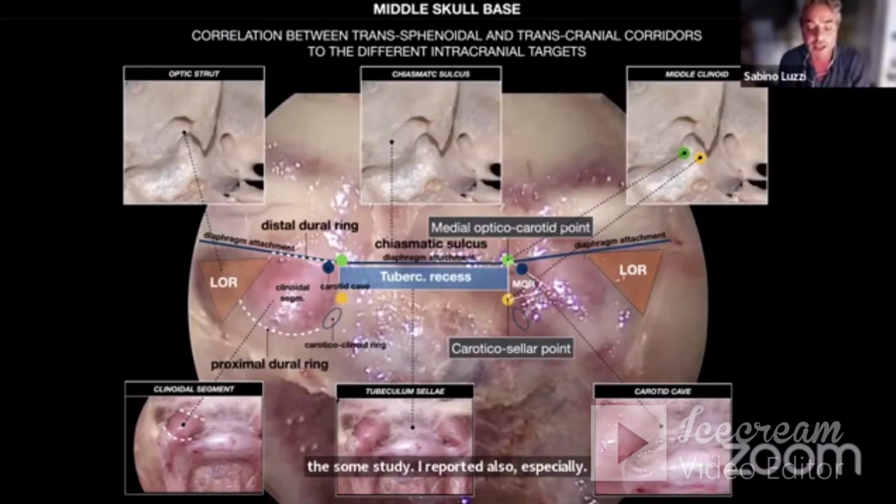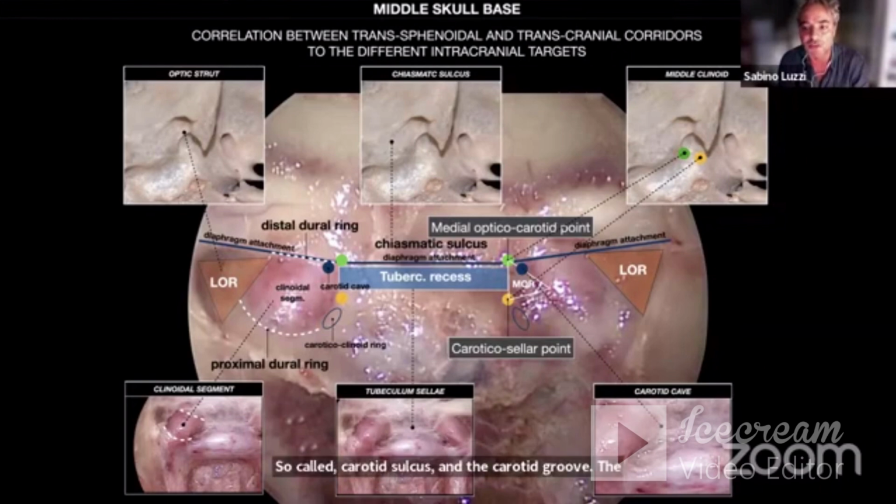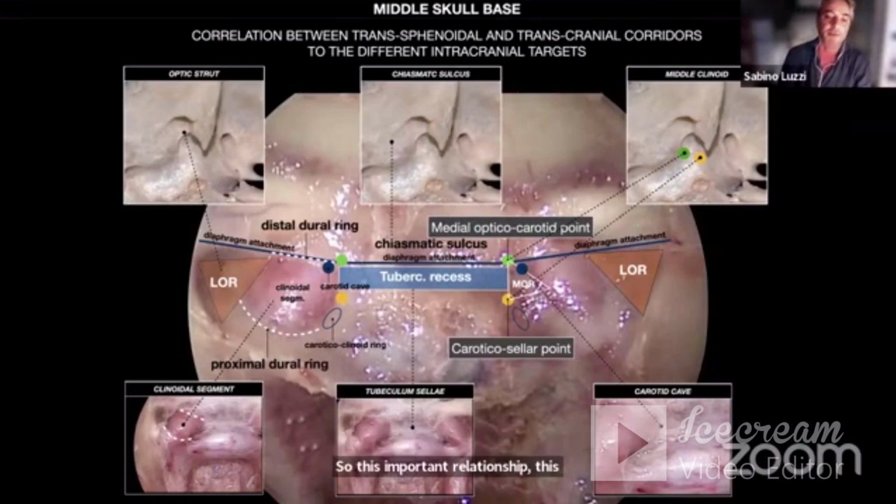And if we drill at the level of the caroticoclinoid point here, we expose the so-called carotid sulcus, and the carotid sulcus grooves the lateral part of the sphenoid body. So these important relationships and landmarks are critical before starting to perform this kind of approach.